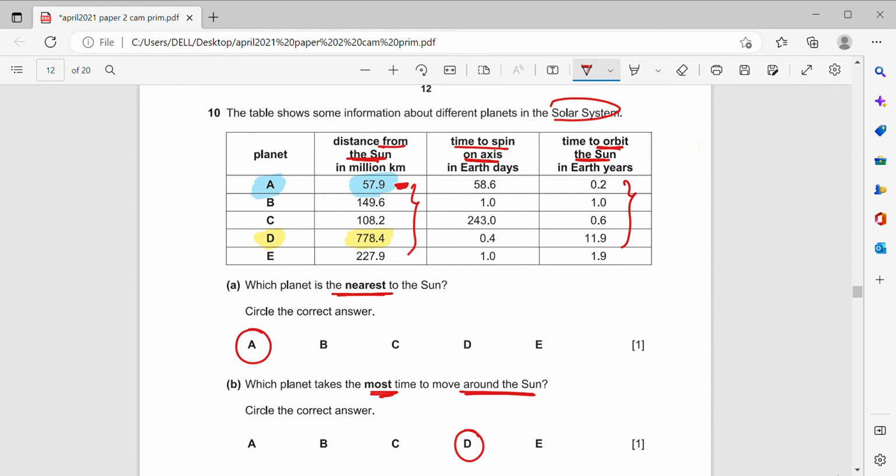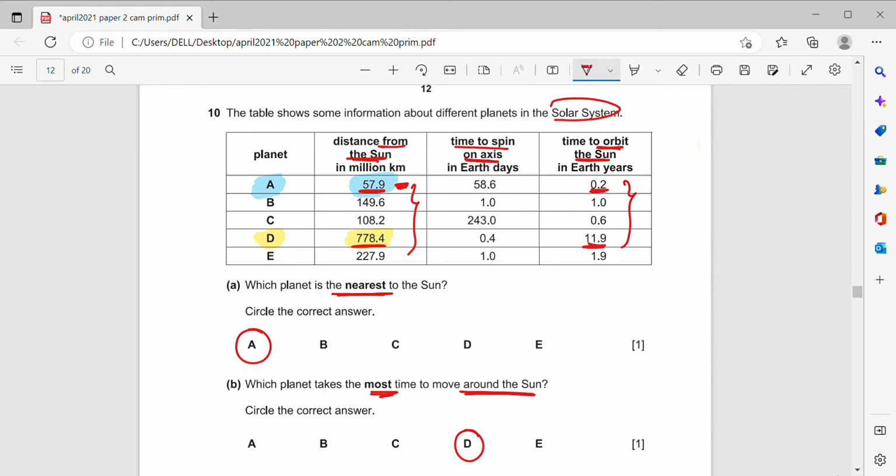The closer to the sun, for example planet A, very close to the sun, how long will it take to orbit the sun? 0.2 Earth years. Now for example planet D, which is very far away, 778.4, will take 11.9 years.